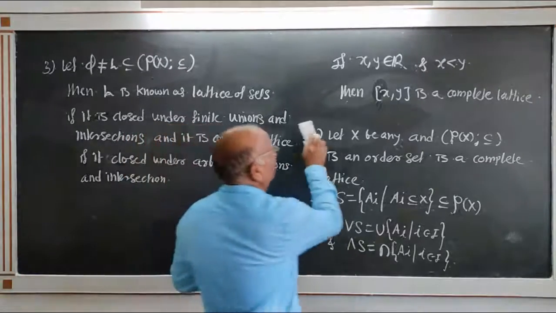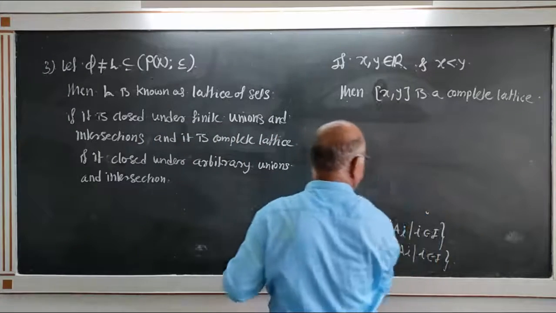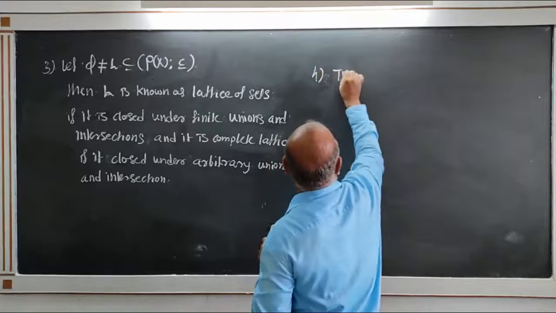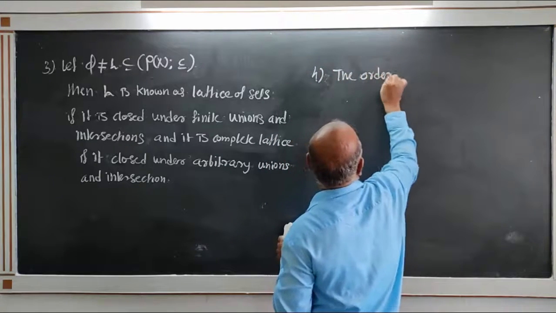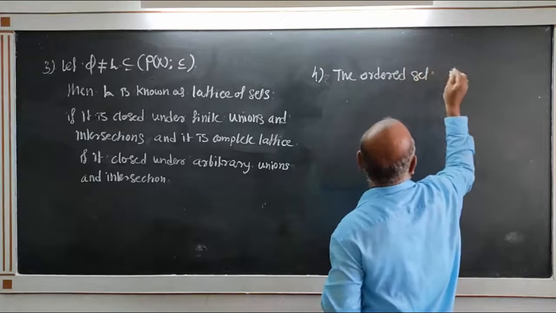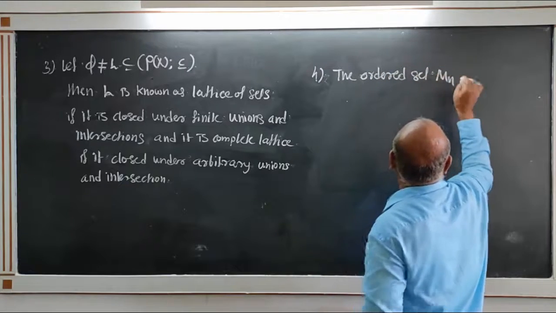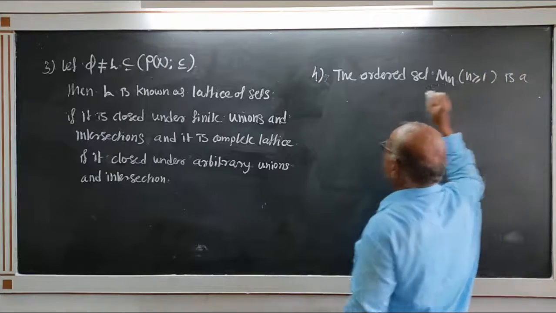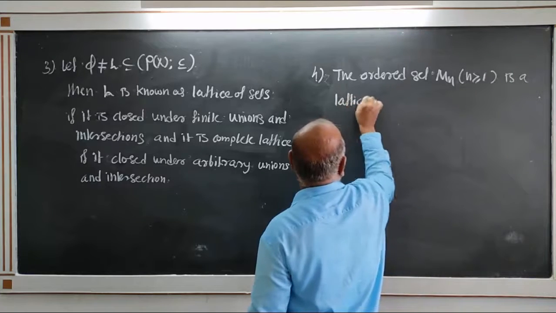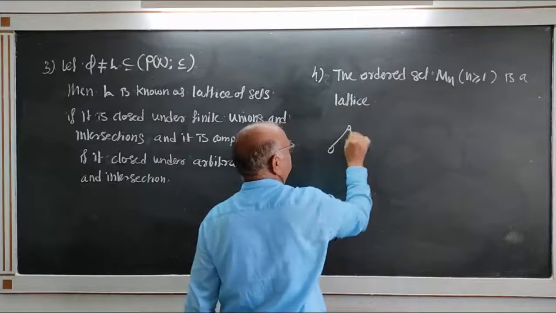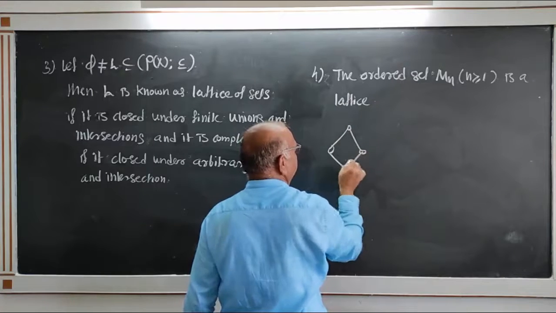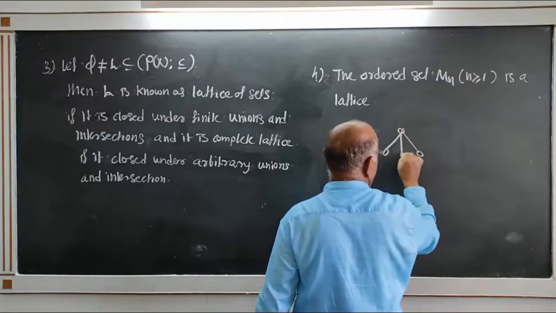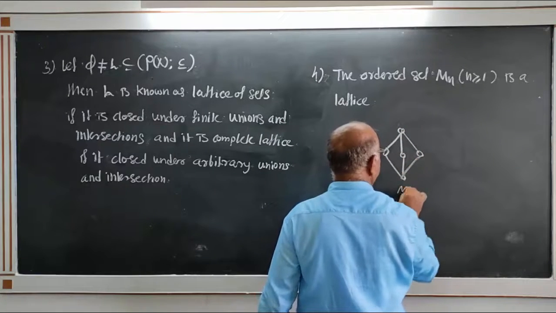Now, the next example: the ordered set M_n, n greater than or equal to 1, is a lattice. Here this is M2, this is M3, and so on.